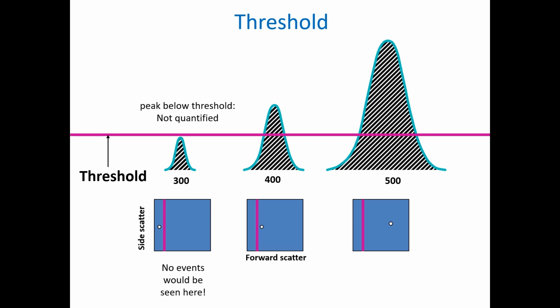Again, the small pulse at 300 is digitized to a low channel number. The pink vertical line is where the threshold is set. We're showing the dot of the cell at 300, but in actuality, because it's below threshold, it will not be seen or counted. The 400 and 500 pulses digitized to higher channel numbers are above the threshold and thus will be visible and saved in the data file.